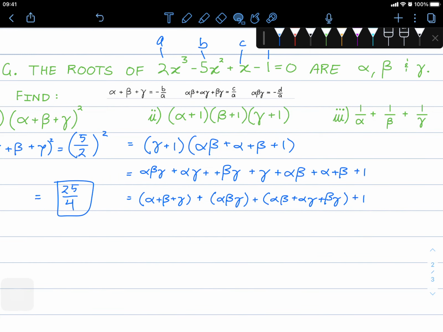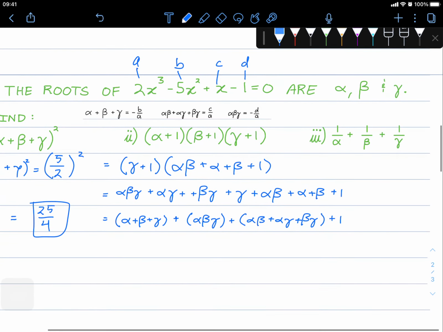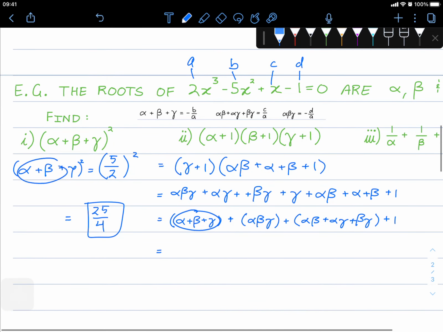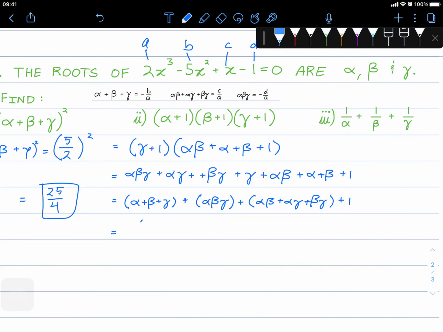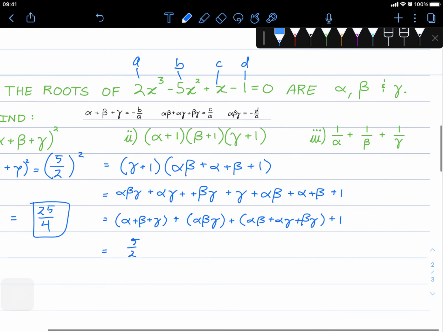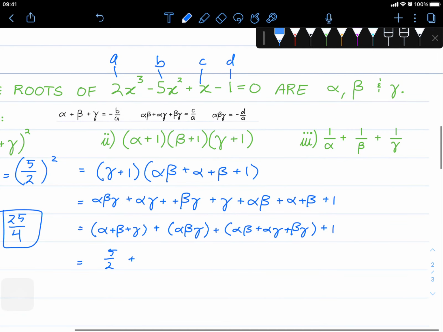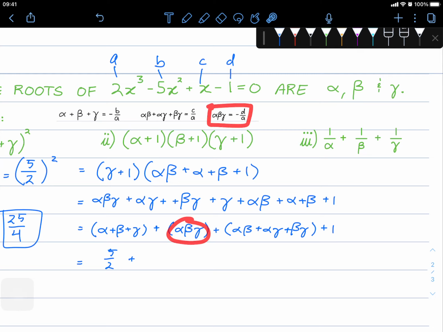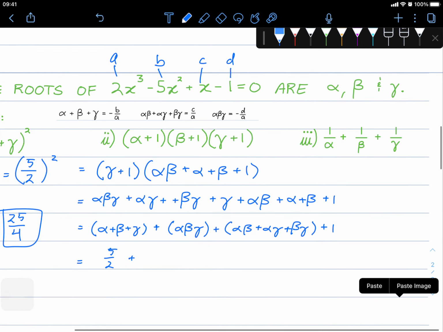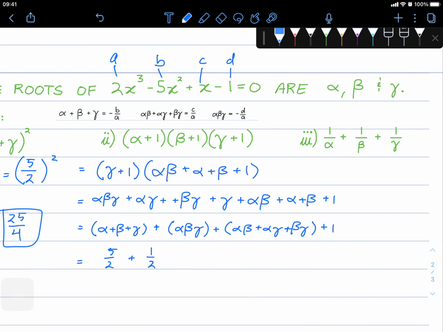So all we need to do is just substitute the values that we need. Well, as we've seen, the sum of these is already 5 on 2. So we have 5 on 2. This one's new, so we need to find the value here. Alpha beta gamma is negative d on a. So negative 1 divided by 2. That's going to be positive half.